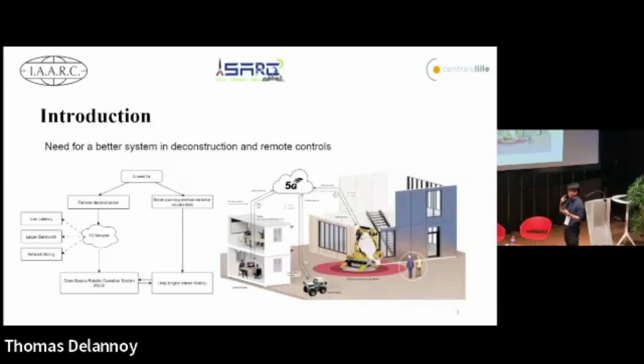In this case, we will be using ROS, which is the Robot Operating System. And this lower latency allows us to communicate with the robot as close to real time as possible. A larger bandwidth is necessary because we are working with, for example, RGBD cameras and 3D LiDAR sensors.